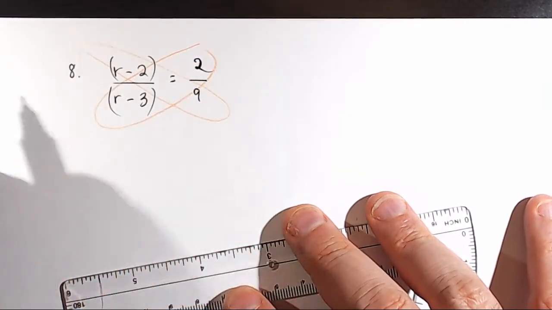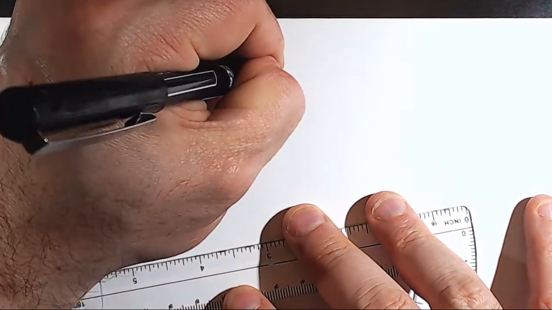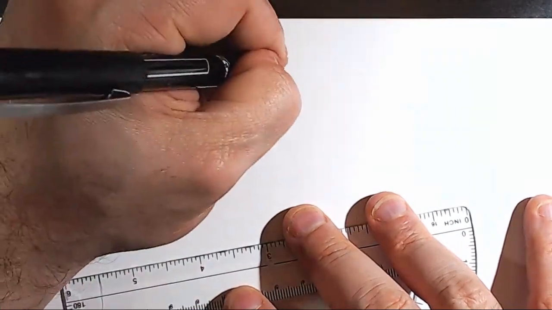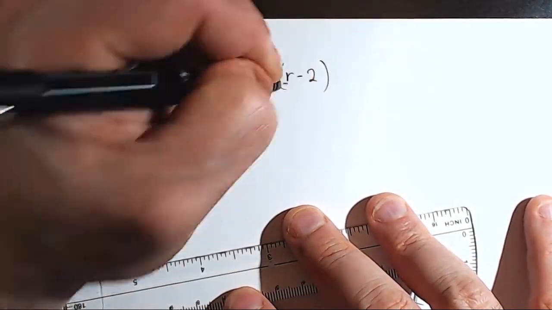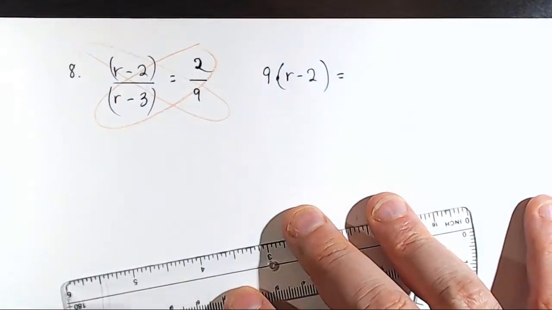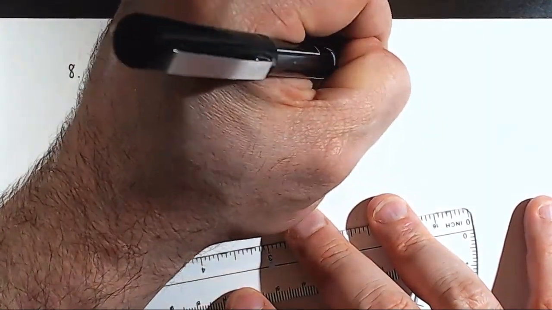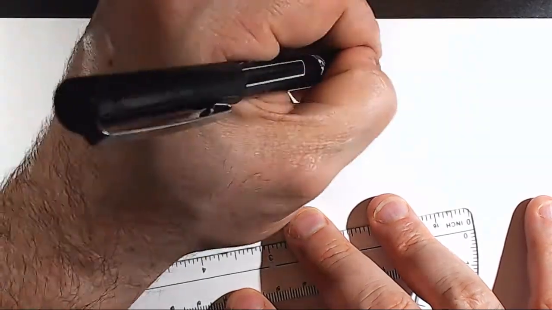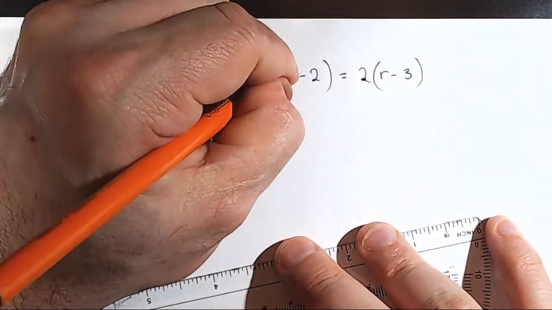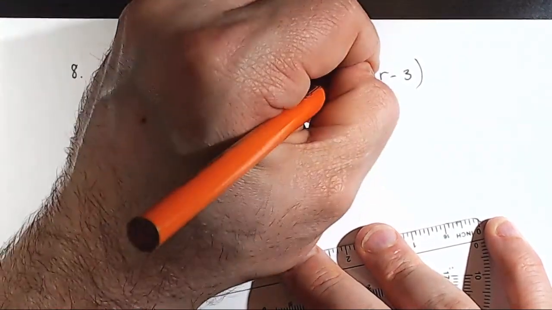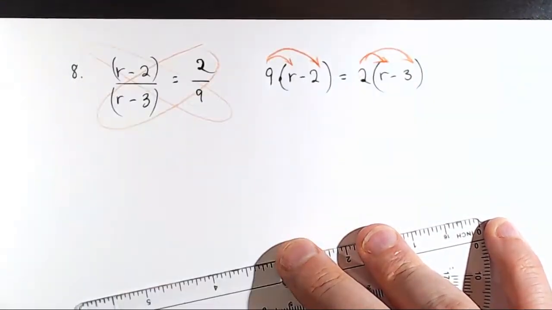Let's multiply it out. You've got 9 times (r minus 2) equals 2 times (r minus 3). Draw your distribution signs and multiply it out.